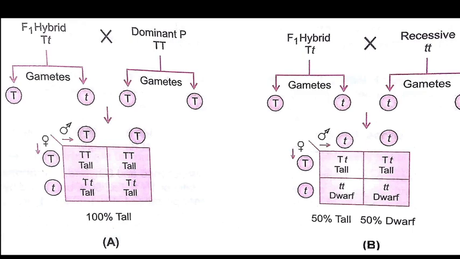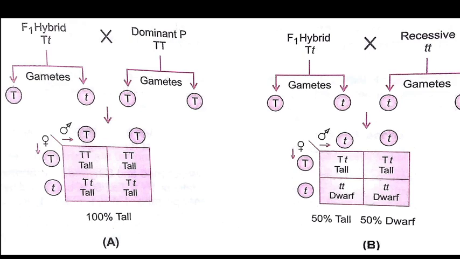I hope you all understand it. In the next lecture we will discuss the reasons for Mendel's success and practical applications of Mendel's laws. In the earlier section we described why Mendel failed to become famous at that time for his experiment. There are lots of reasons behind that, but there are also some reasons for Mendel's success. He chose the pea plant for his breeding experiments, which was excellent.